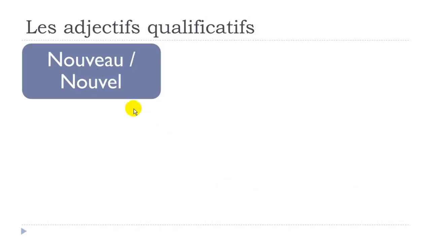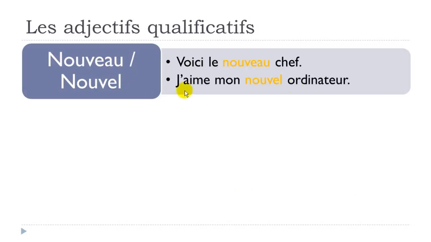Same thing if you want to use nouveau. You will have two versions for the masculine form, nouveau and nouvel. So remember, for masculine words starting with a vowel or the sound of a vowel, like ordinateur, you use the second form. Example here, voici le nouveau chef. In that case, chef, masculine, doesn't start with the sound of a vowel, so you just put the normal nouveau adjective.